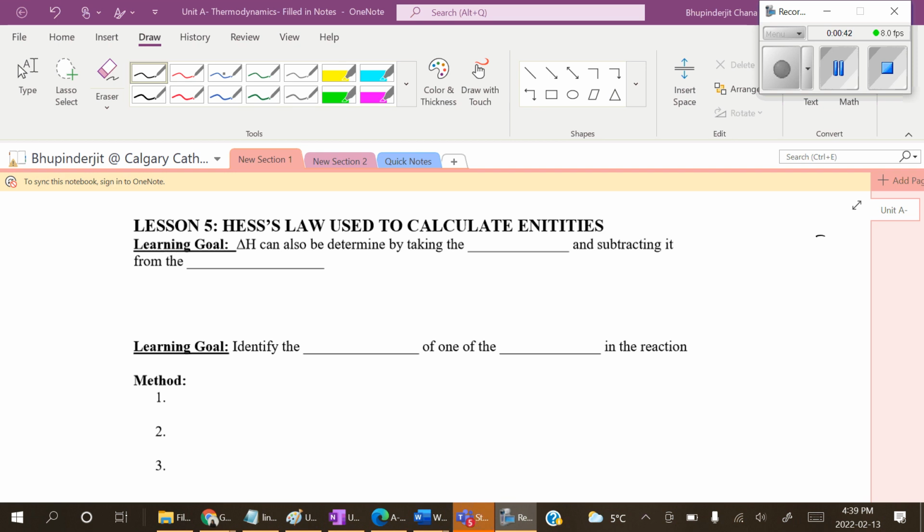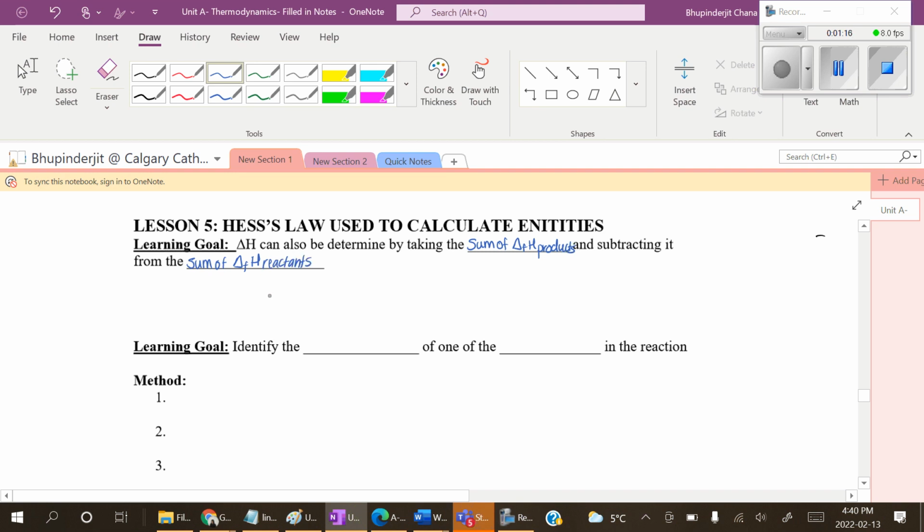What I'm trying to say is our first learning goal is going to be delta H, or enthalpy. Change in enthalpy can also be determined by taking the sum of delta H formation of your products and subtracting them from the sum of your formation enthalpy change of your reactants.